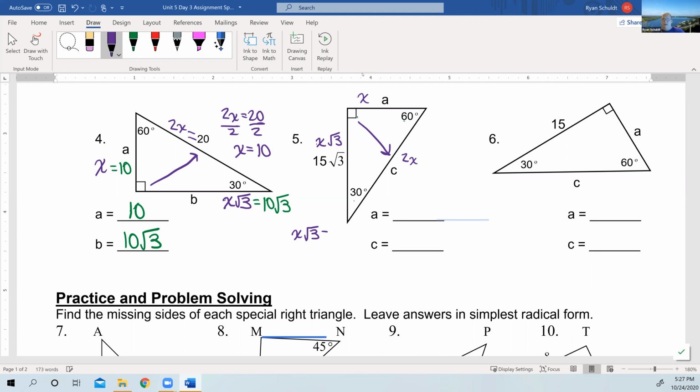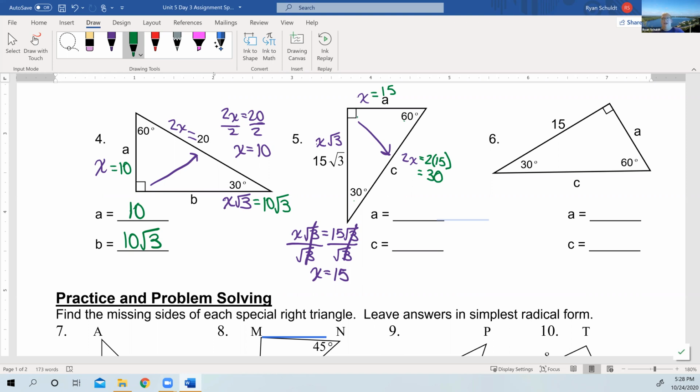X square roots of 3 equals 15 square roots of 3. Divide by the square root of 3. Gone, gone. X equals 15. So everywhere we see an X up here, we need to put a 15. So this equals 15. This equals 2 times 15. And what is 2 times 15? 30.